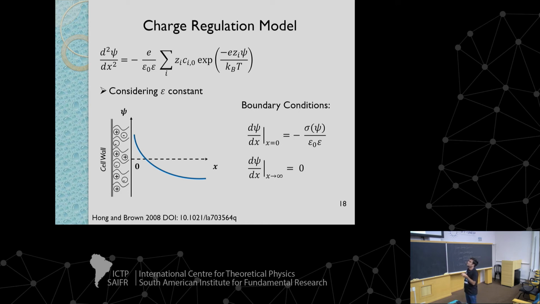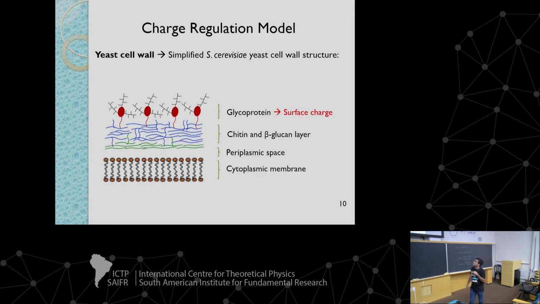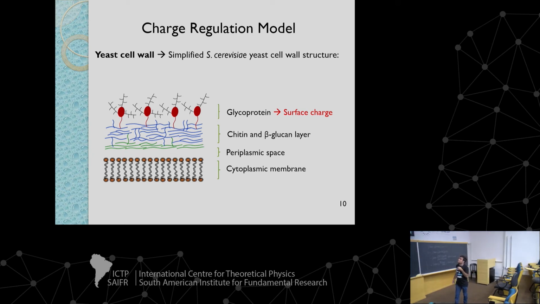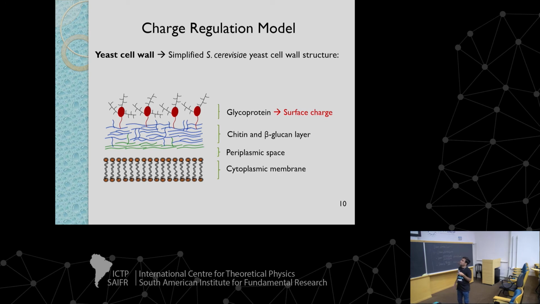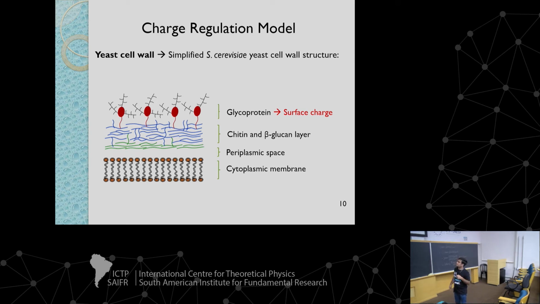The electrostatic profile near the cell wall, for example. So here we are applying it to Saccharomyces cerevisiae, okay? So we are trying to predict the electrostatic behavior of Saccharomyces cerevisiae with this simplified model. So here we have the cytoplasmic membrane.